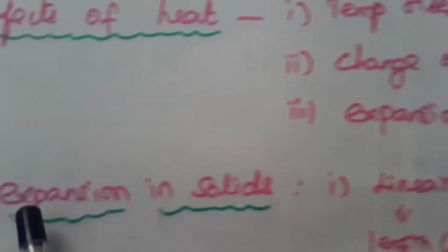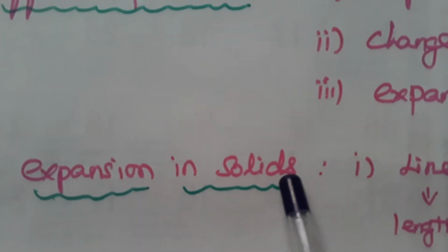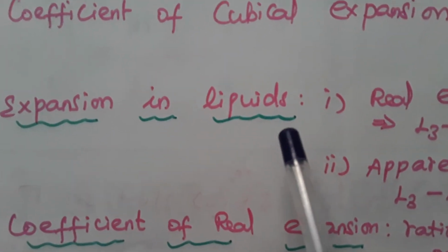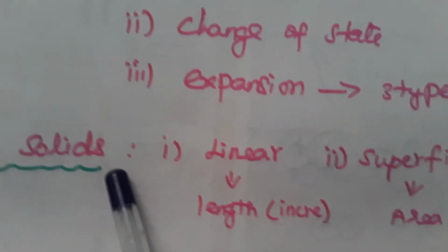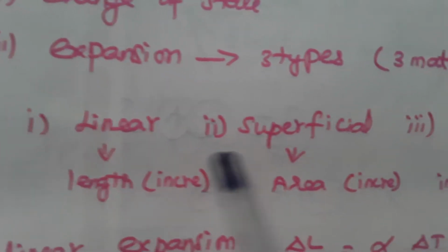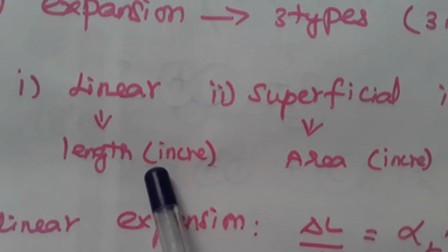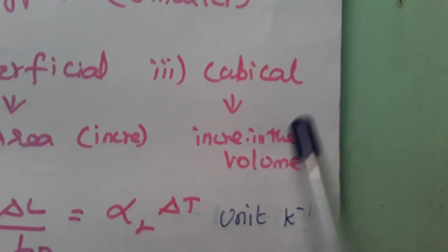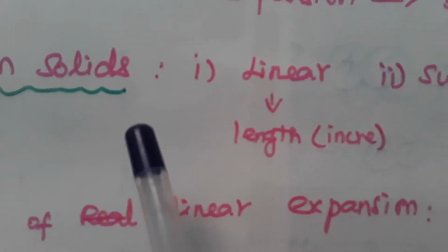One is expansion in solids. Second one, expansion in liquids. Third one, expansion in gases. We will see the first one now, expansion in solids. Expansion in solids has three classifications: linear expansion, superficial expansion, and third one, cubical expansion.